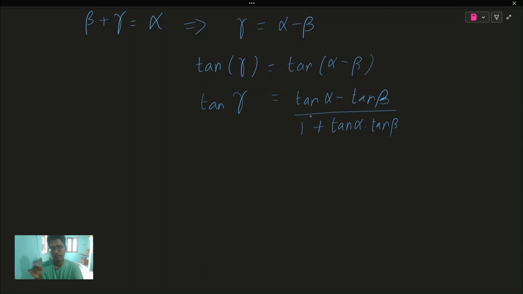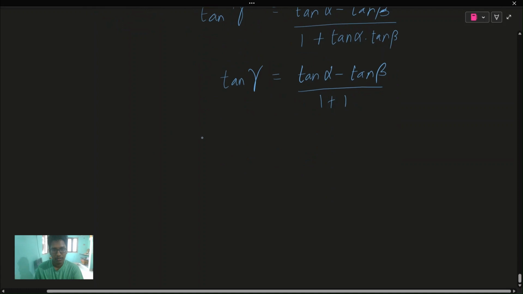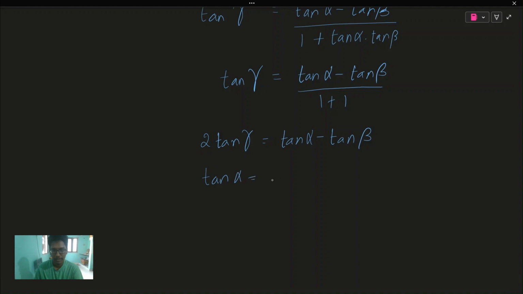We all know that tan alpha and tan beta product is equal to 1. So I would get tan alpha minus tan beta divided by 1 plus 1 is equal to tan gamma. So 2 tan gamma is equal to tan alpha minus tan beta, and tan alpha is equal to tan beta plus 2 tan gamma.